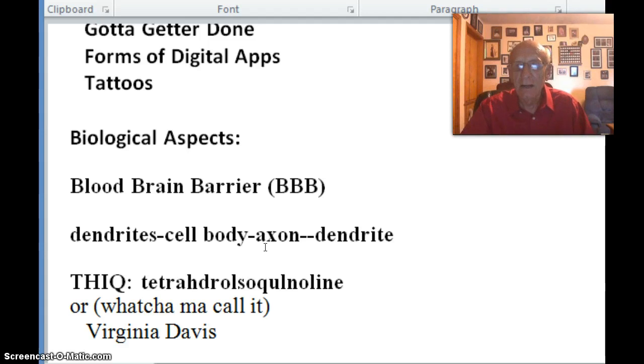But here we have alcoholics, and alcoholics had this in their brain also, which is an interesting study. And so in forums, I really feel as though it's kind of controversial, but at least touch on THIQ. Research this when we get to forums, and it will be set up in forums for you.